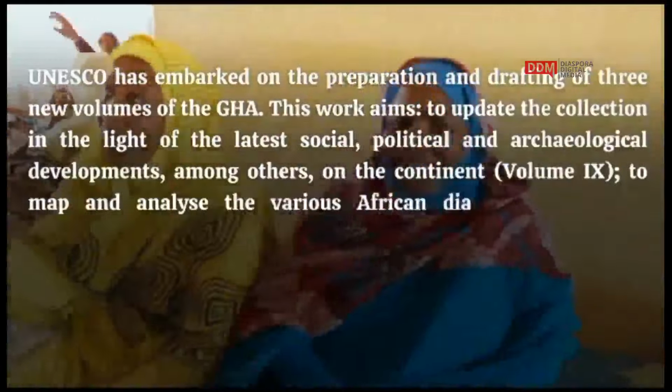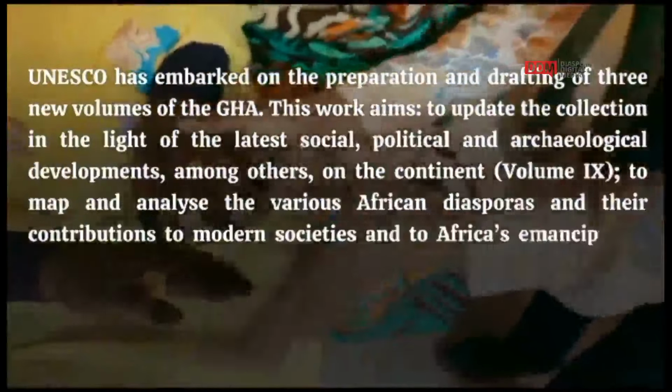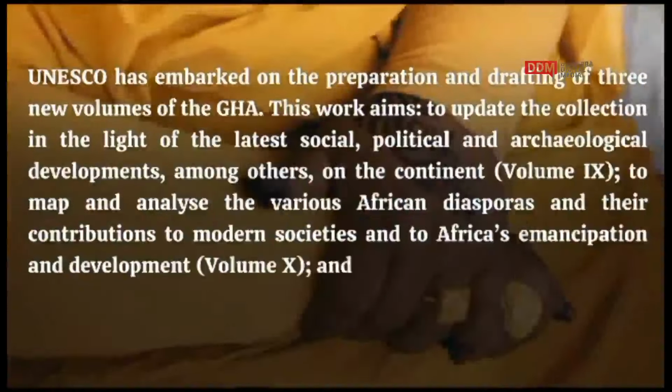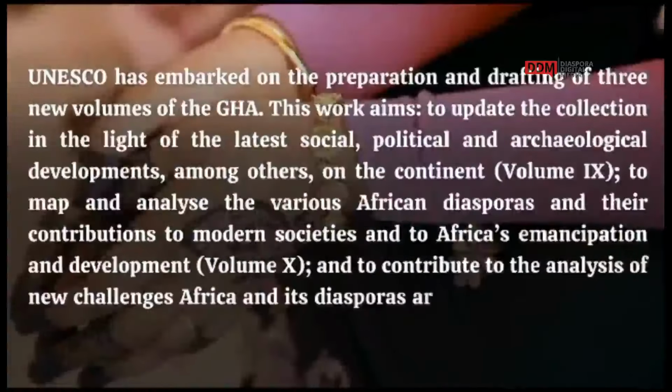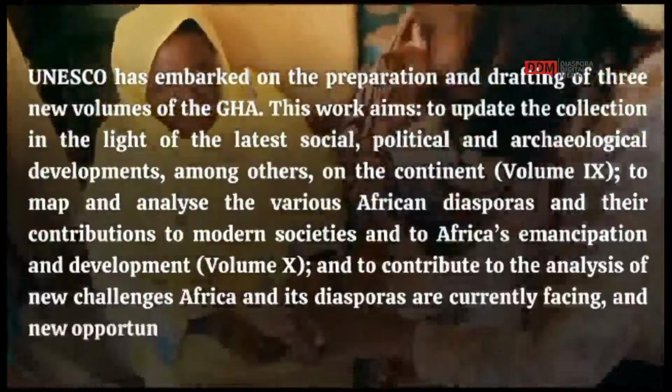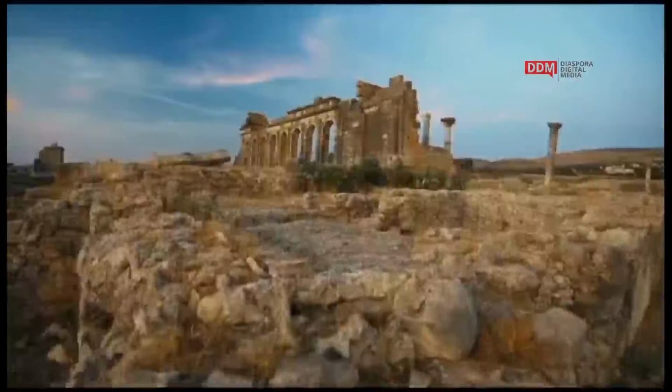Volume 9 will map and analyze the various African diasporas and their contributions to modern societies and to Africa's emancipation and development. Volume 10 will contribute to the analysis of new challenges Africa and its diasporas are currently facing, and new opportunities that are open to them. Volume 11.